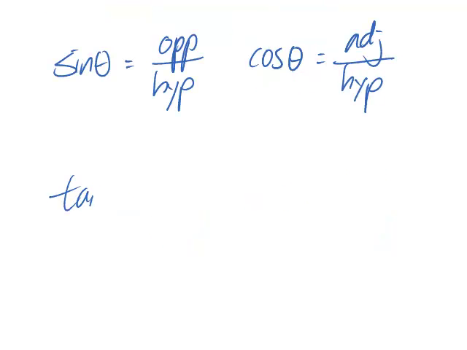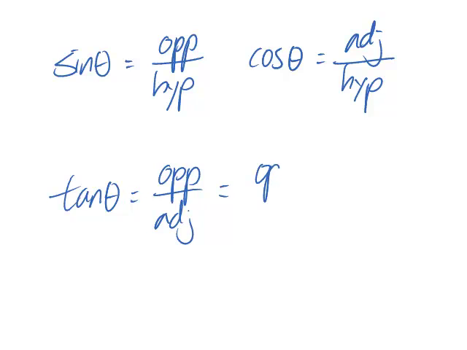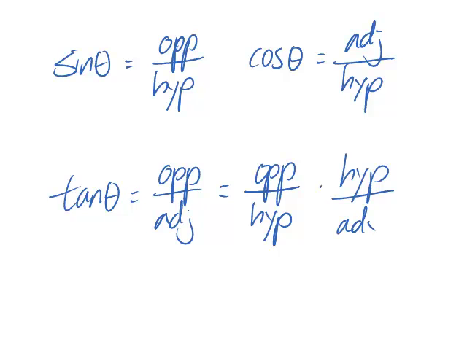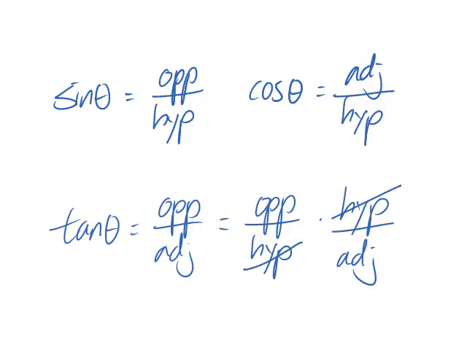Tangent is opposite over adjacent. I'm going to do something really crazy now. Expanding the fraction, hypotenuse would cancel out, so that these two things are the same thing.